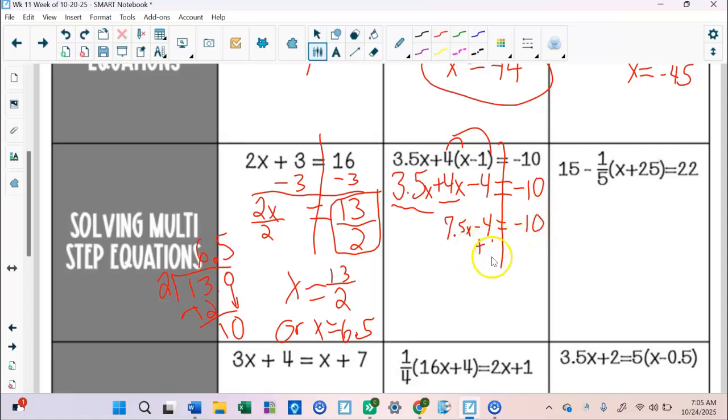Okay, I'm going to add 4 to both sides. Oops, accidentally did my eraser. Okay, I'm going to try to do this in my head. Okay, throw that 60 out there. 12 over 15. All right, I'm going to divide both sides by 7.5.